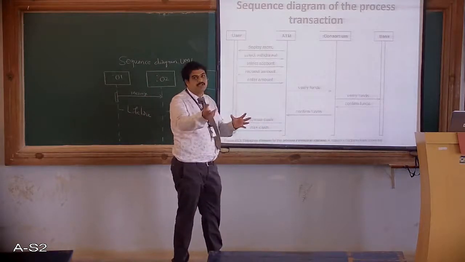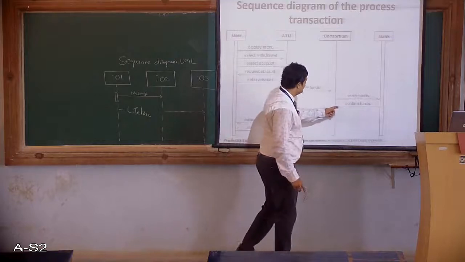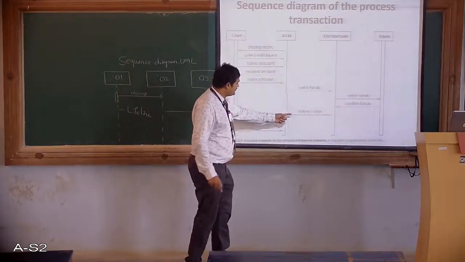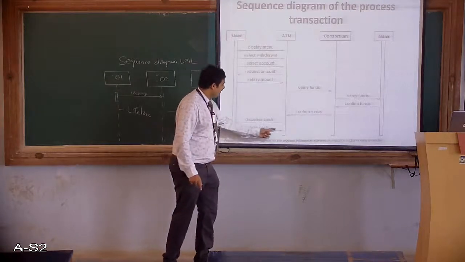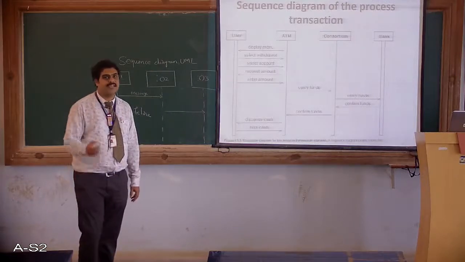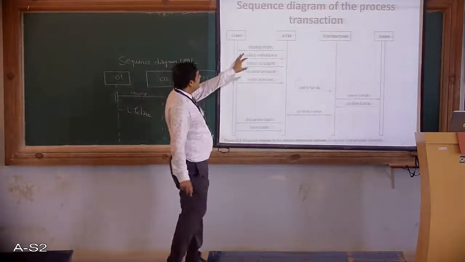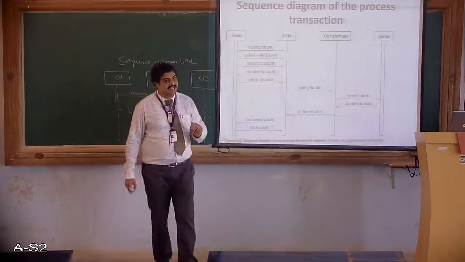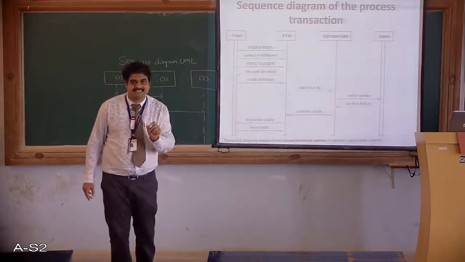The banking server will verify and confirm the funds. Then after confirmation from the consortium, it dispenses the cash, and you can take the cash and remove your card from the ATM, or exit from the web. That is how you can clearly indicate the process of a withdrawal transaction for a success case.